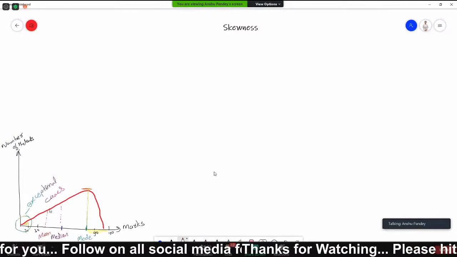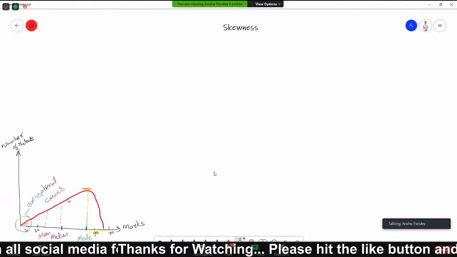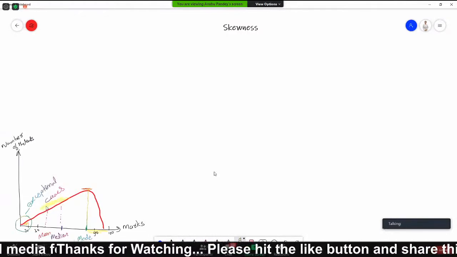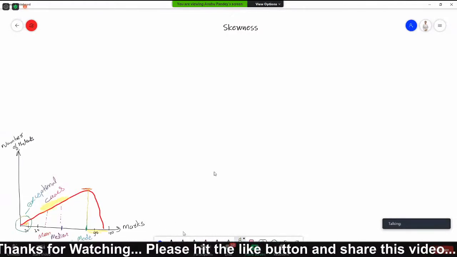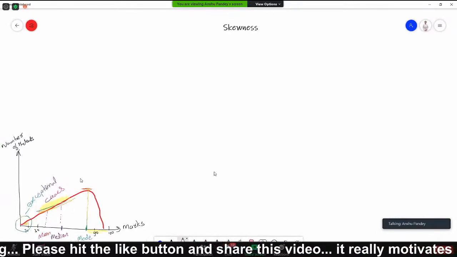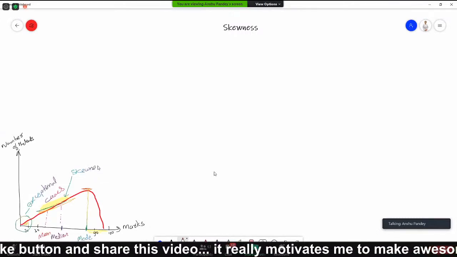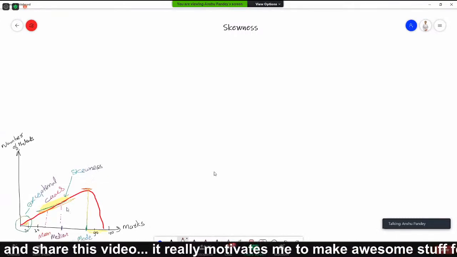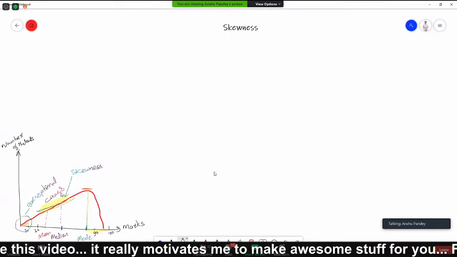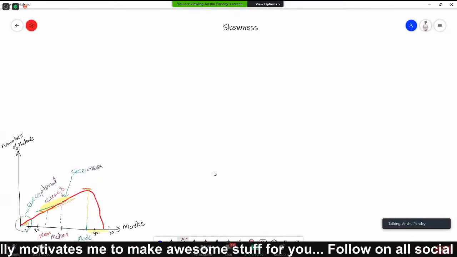Because of this, you can say that this slant is observed, and this slant is called skewness. This is the geometrical meaning of skewness, and the mathematical meaning is that the mean shifts from the median either below or above.